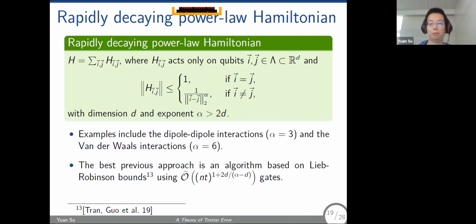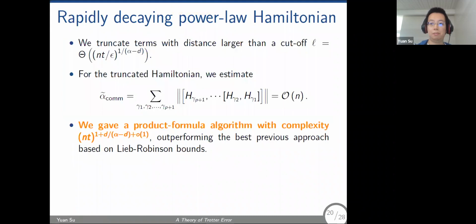Well, we can ask what happens if we use product formulas. Again, because the interaction strength decays so fast, we can do better than a naive application of product formulas. The best strategy turns out to be to first do a truncation. You first truncate at some cutoff value L. This L is chosen so that the truncation error is below epsilon. For this truncated Hamiltonian, you can basically apply the same procedure.